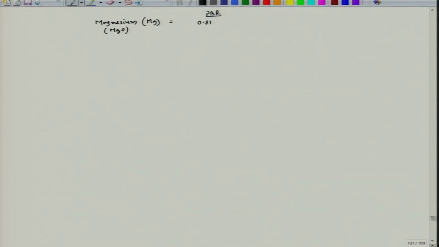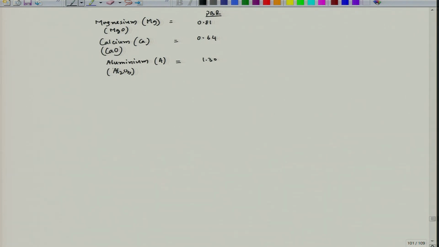Then calcium, where the oxide is calcium oxide, it will be 0.64. Of course, we have seen aluminium, and the oxide is Al2O3, the PBr ratio is 1.3.